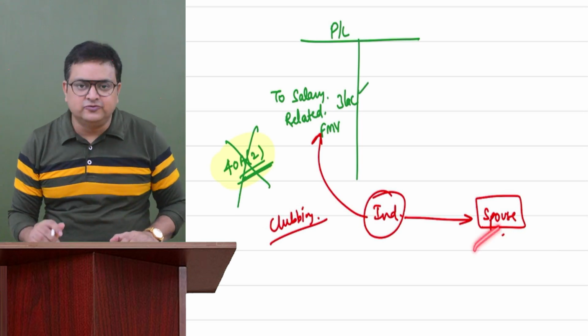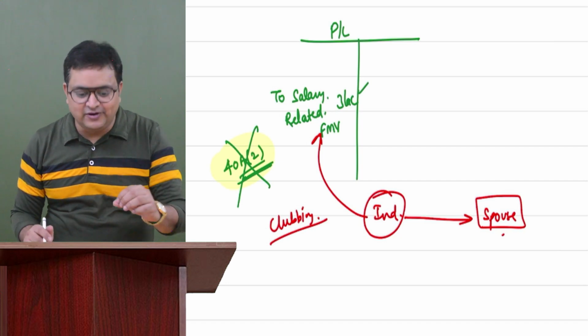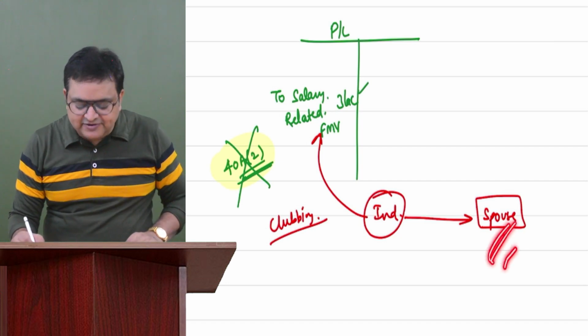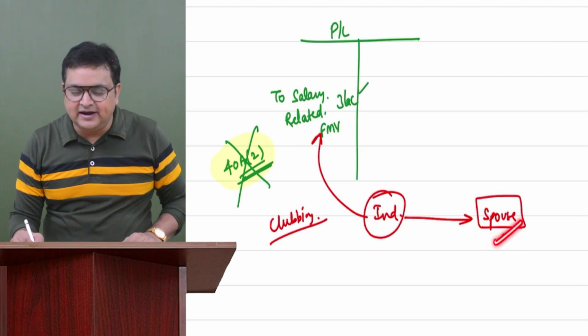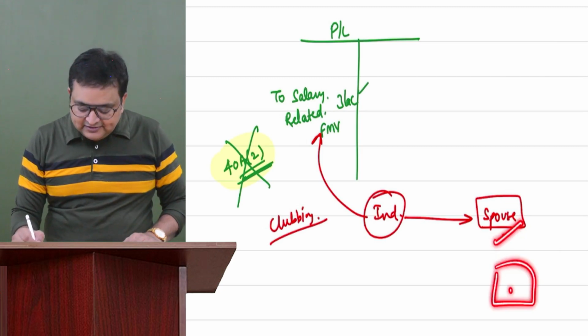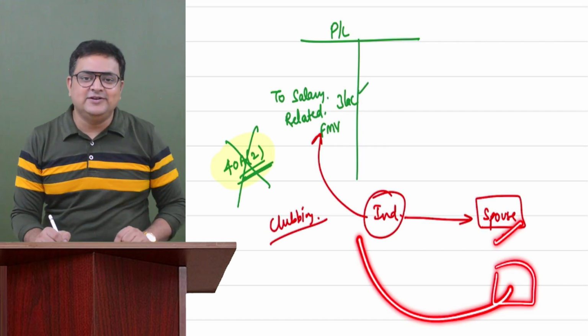You can pay to the spouse also. But if it is without any qualification, experience, or knowledge, then whatever income the spouse is earning, first of all, we will compute this income in the hands of the spouse. Then whatever is the income will be added back, will be clubbed in the hands of the individual.